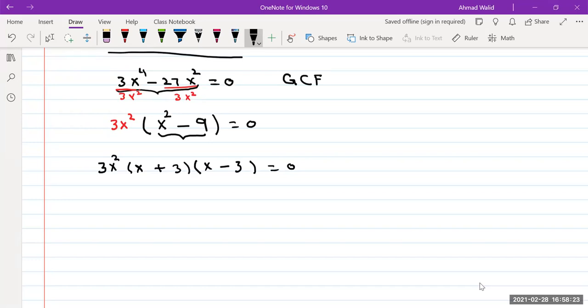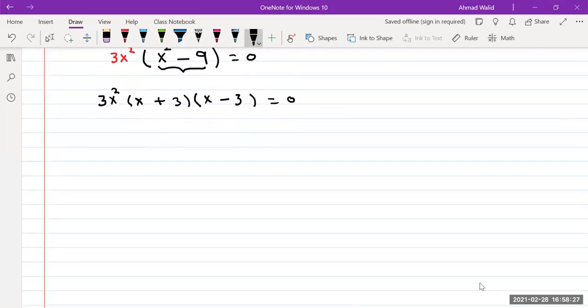Now, using the zero principle to solve this equation, you can set each parenthesis equal to 0. You can write 3x squared equal to 0, x plus 3 equal to 0, and x minus 3 equal to 0. 3x squared equal to 0, divide both sides by 3. Then x squared equals 0.